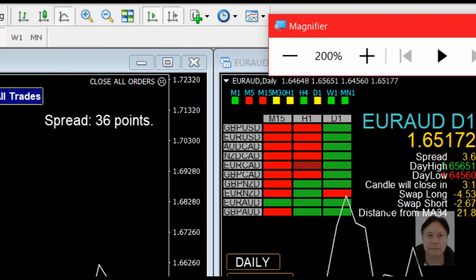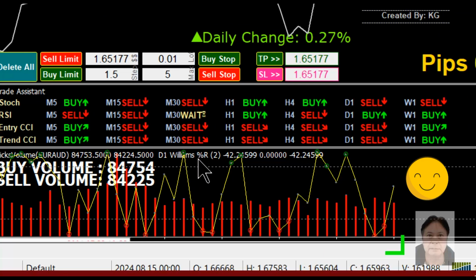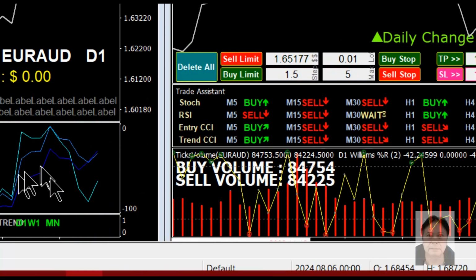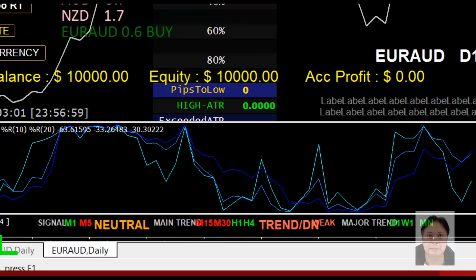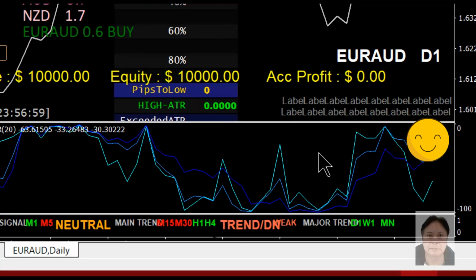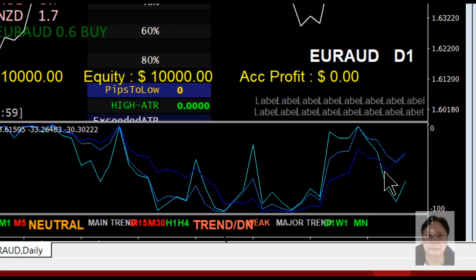Right, and then obviously we check the William percentage line, and then we check this one here, the William percentage, which shows us the overbought and oversold.